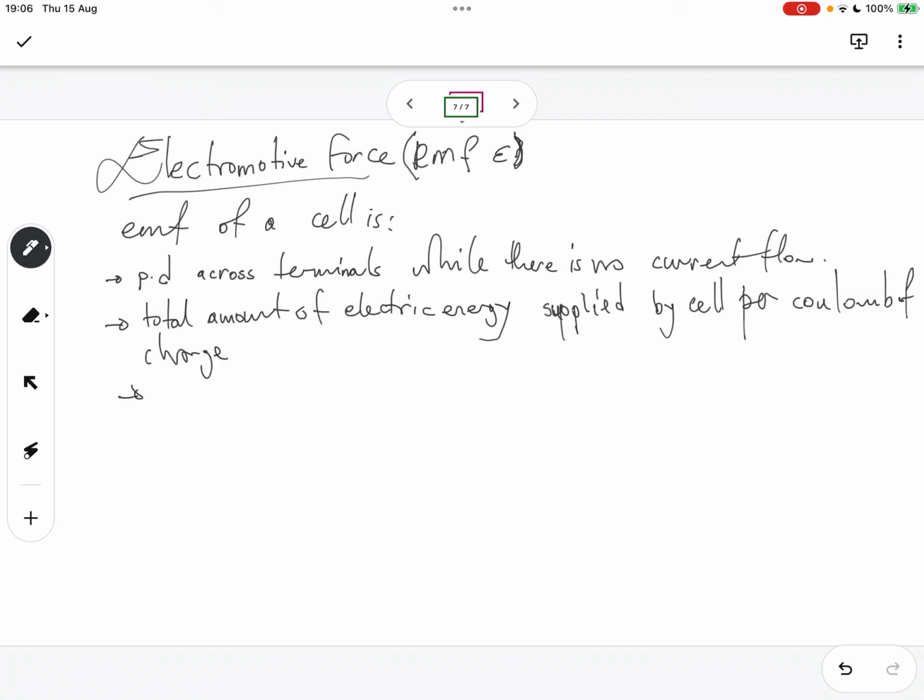And then again, it's measured with a voltmeter connected in parallel over a cell or battery when there's no flow of current.